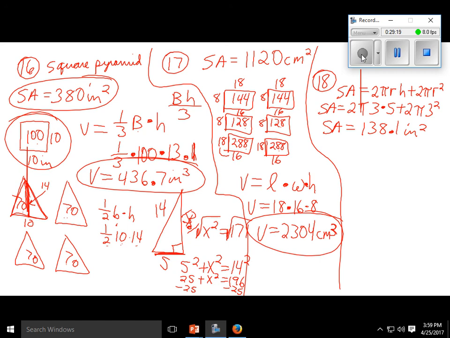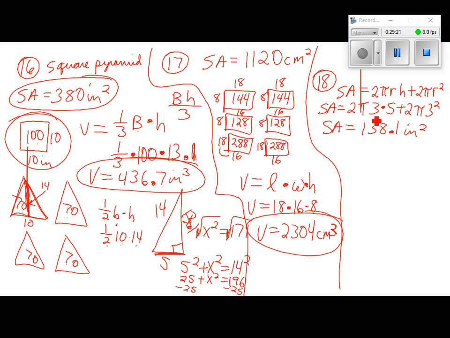Remember, your units for surface area are always square units. One thing on this, don't forget that this right here is the 2 circles, the top and the bottom of the cylinder. This is the round face, or the outside of the cylinder, and if we cut it and laid it out flat, it would be a rectangle.